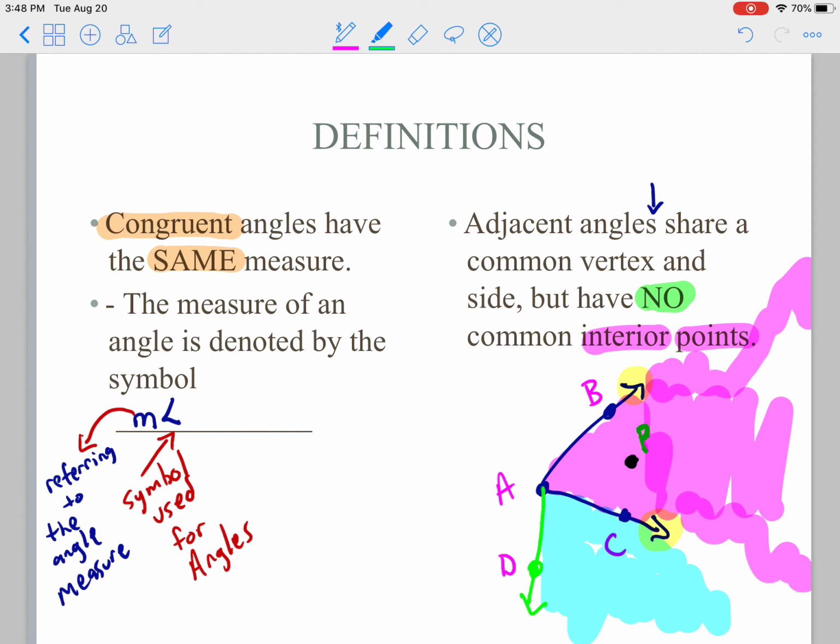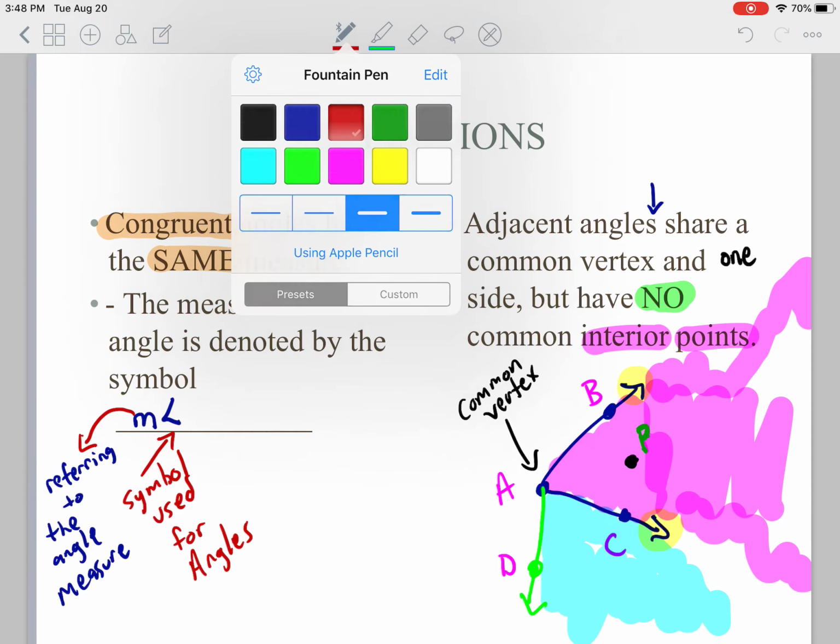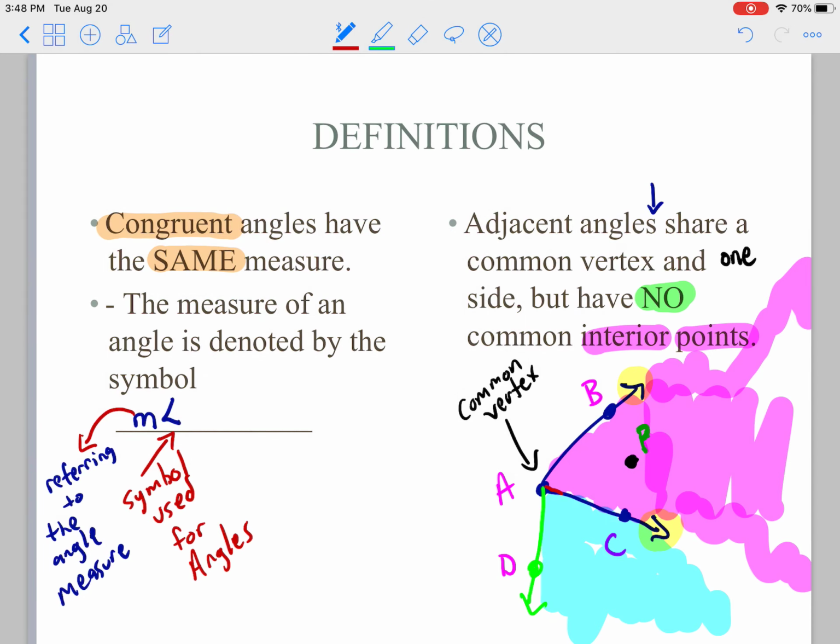So adjacent angles share a common vertex. They both have the vertex at A. They share one side. Okay, so one side is shared, and their shared side is actually ray AC.